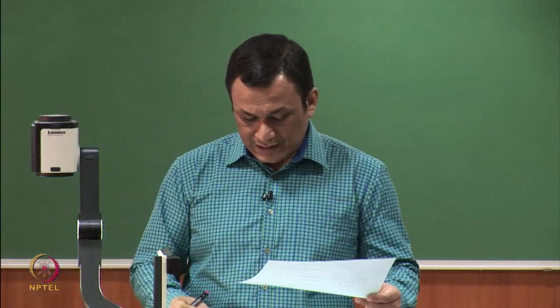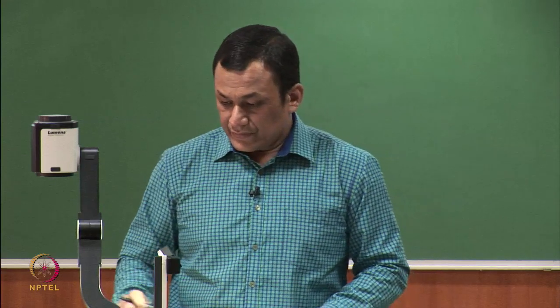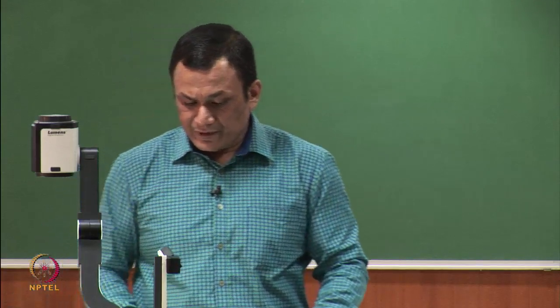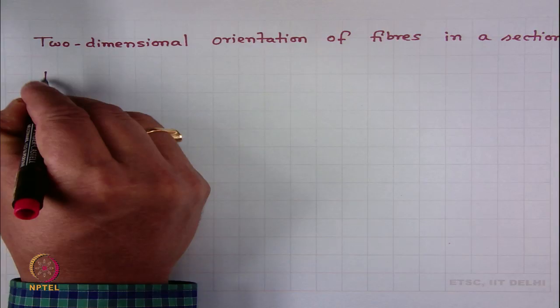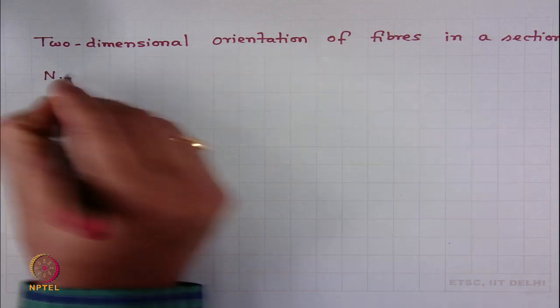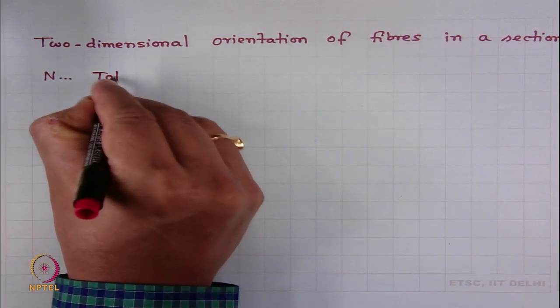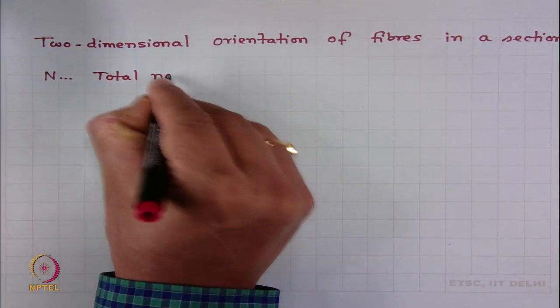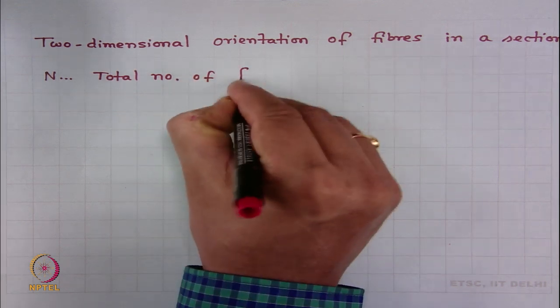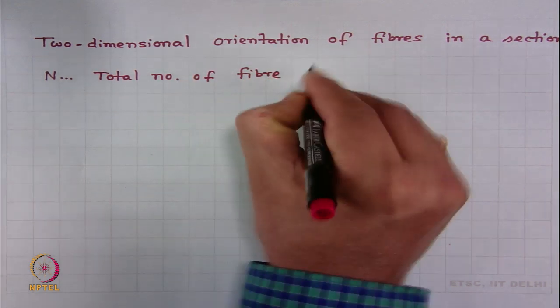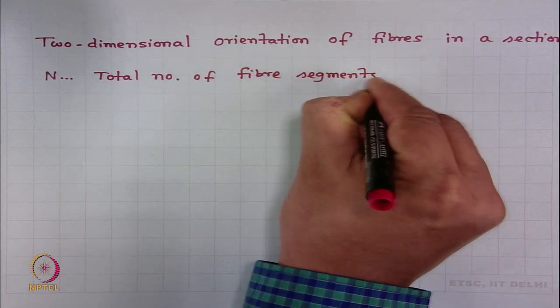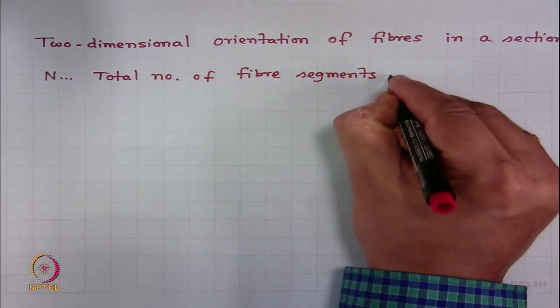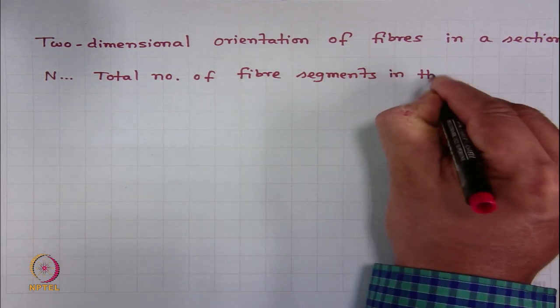Now, let us use the meaning of some symbols. Capital N is the total number of fiber segments in the prism.